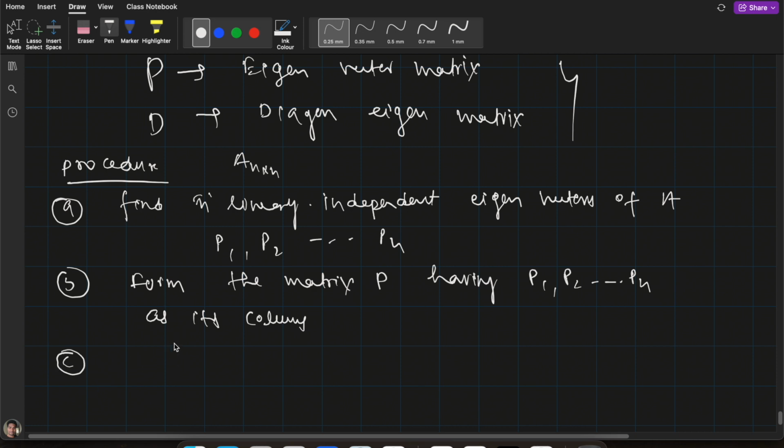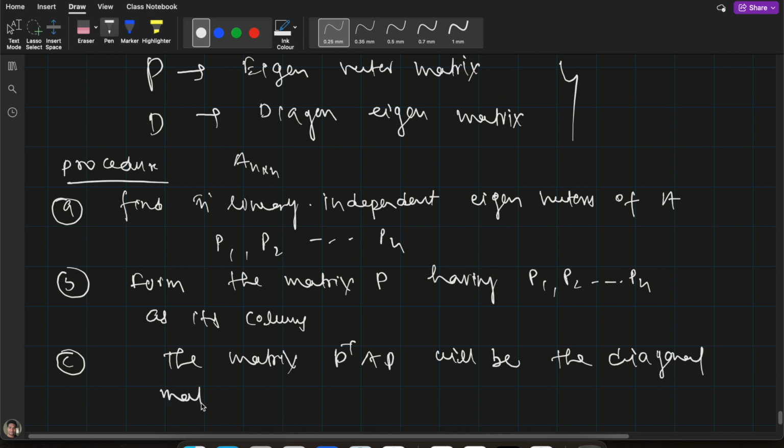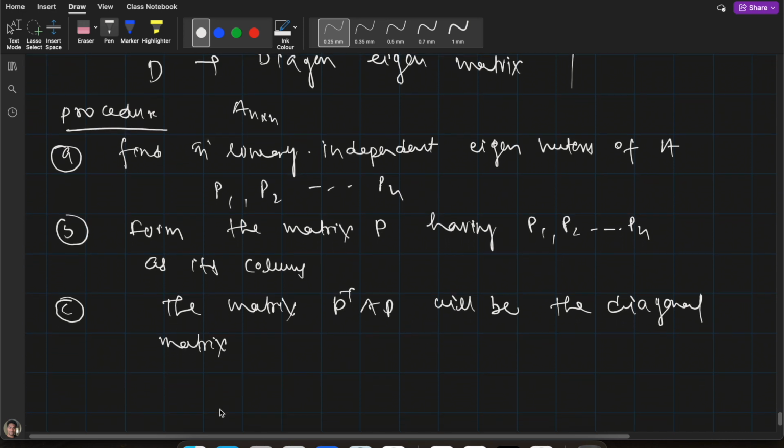And the third step is that the matrix P inverse AP will be the diagonal matrix with lambda 1, lambda 2, lambda n as its successive diagonal entries.